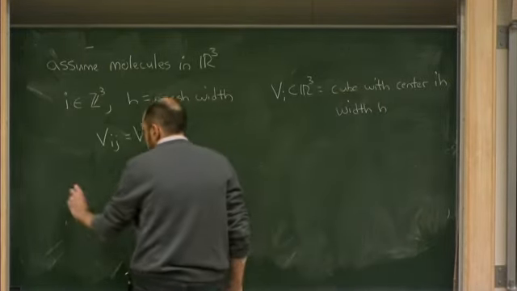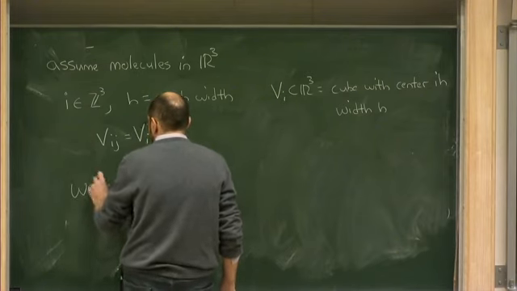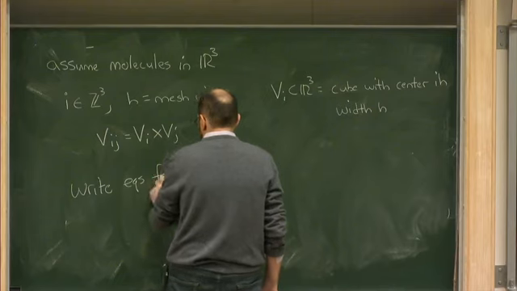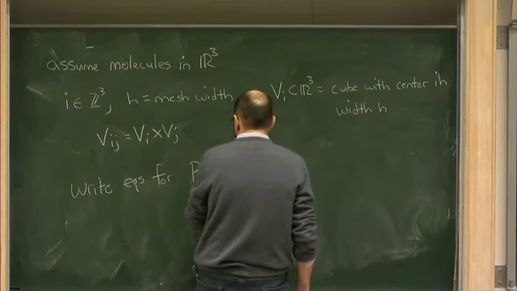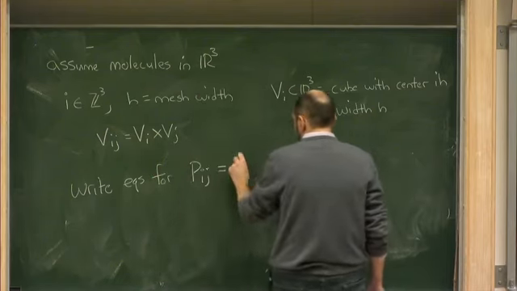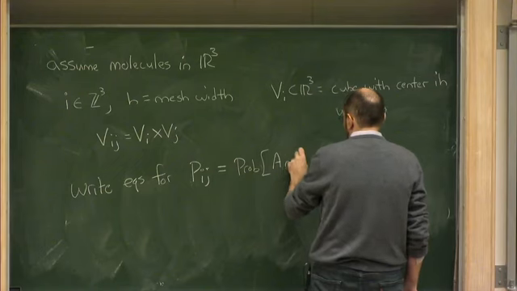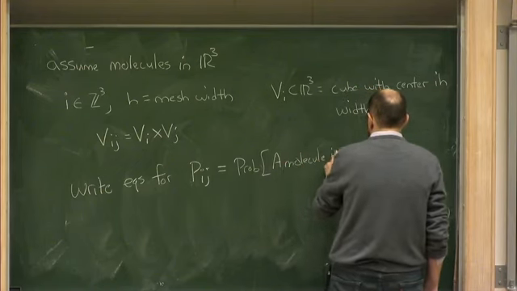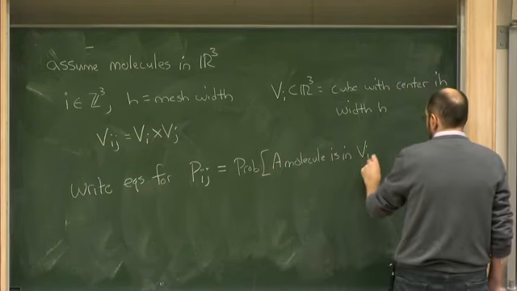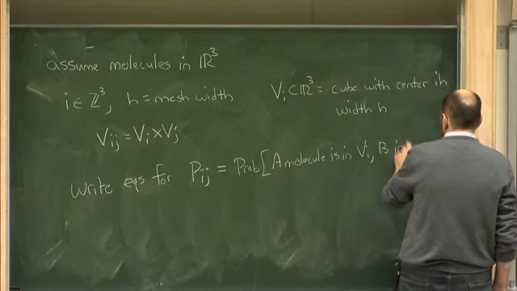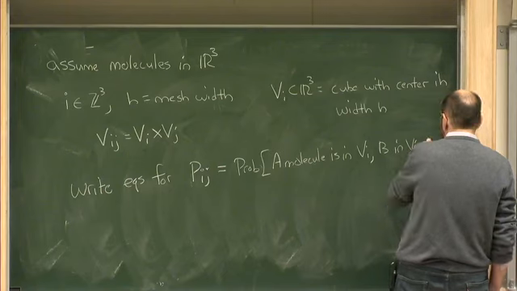So we're going to write equations with that assumption for Pij, which is going to be the probability that the A molecule is in Vi, the B molecule in Vj, and they're unbound at time t.